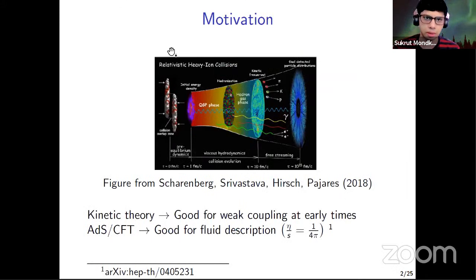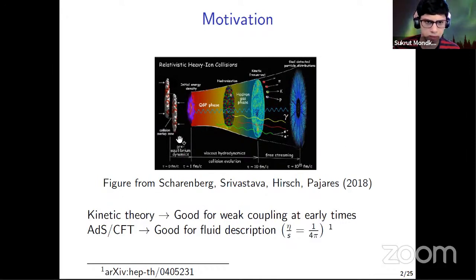This figure is a schematic of heavy ion collision experiments, where two heavy nuclei traveling at ultra-relativistic speed collide with each other, and that produces a deconfined state of quarks and gluons at very high temperatures and densities. This matter goes through various stages of evolution.